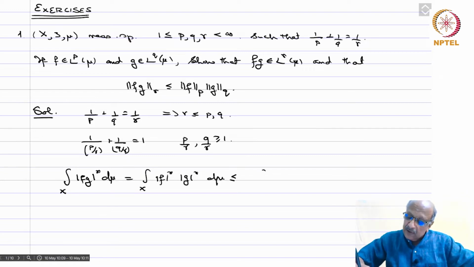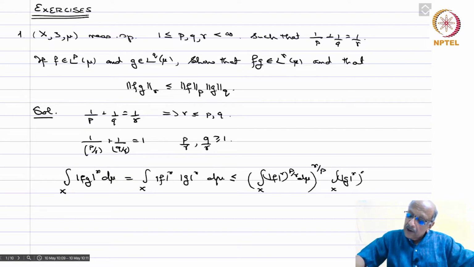So this is less than or equal to integral over x of (|f|^r)^(p by r) d mu whole power r by p, and then integral over x of (|g|^r)^(q by r) d mu whole to the r by q.